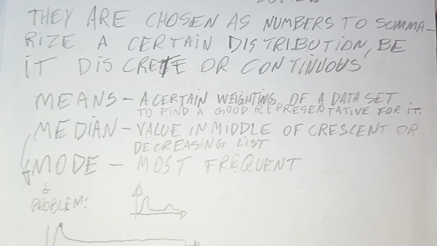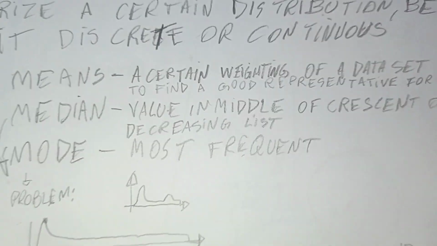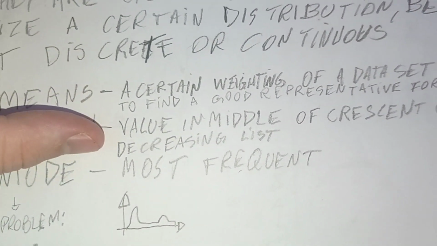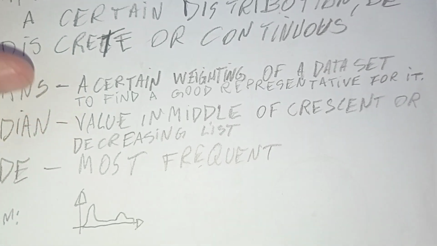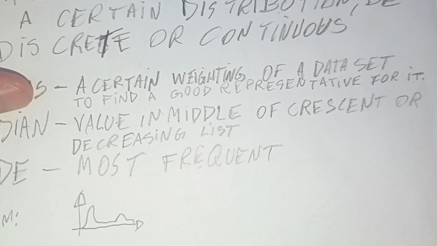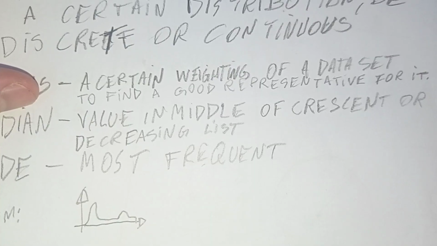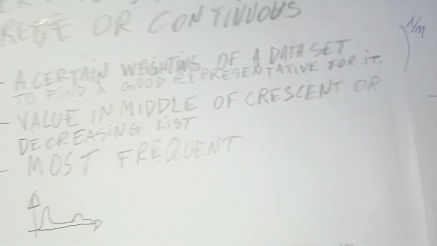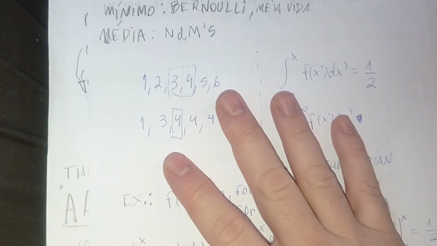At any rate, let's talk about the medians, which is the next thing. It's the value in the middle of an increasing or decreasing list of values of a distribution. So let's give you three examples.